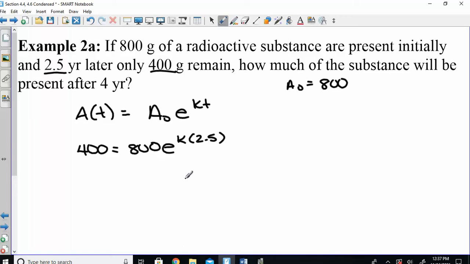So if I wanted to solve this, what would we do first? Divide by the 800. So 400 over 800 is 0.5 equals e to the 2.5K.